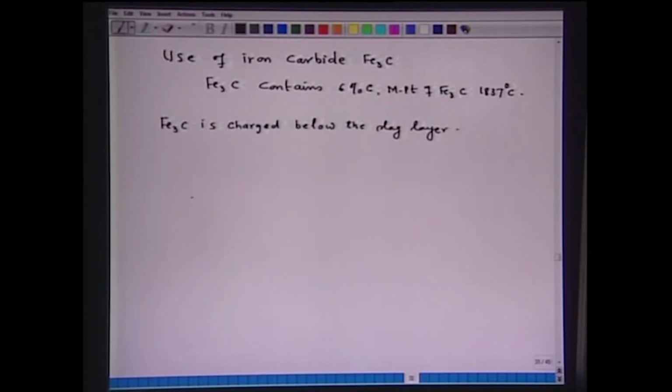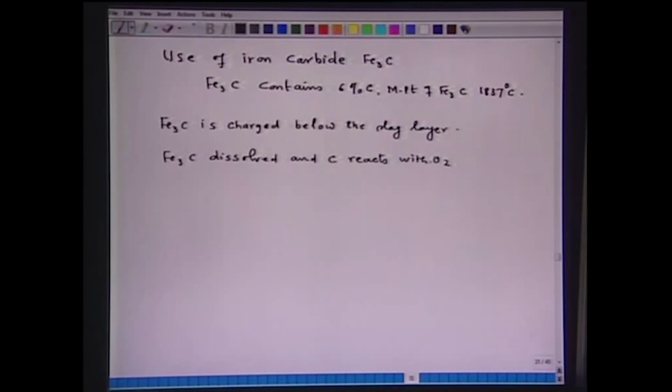Why? Because then it can dissolve. So, Fe3C dissolves in slag, and carbon reacts with oxygen.